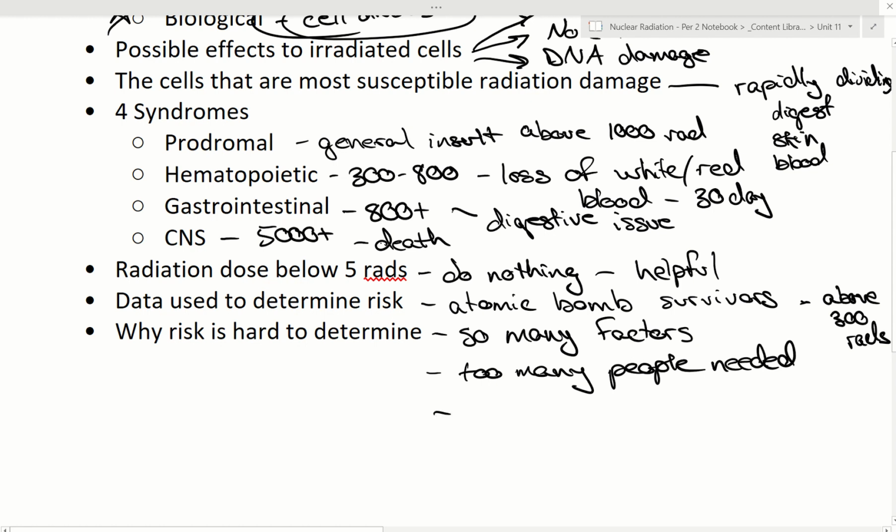And in the accidents that we use to determine risk, there's no specific dose data. In other words, we have no idea how much radiation they actually got.